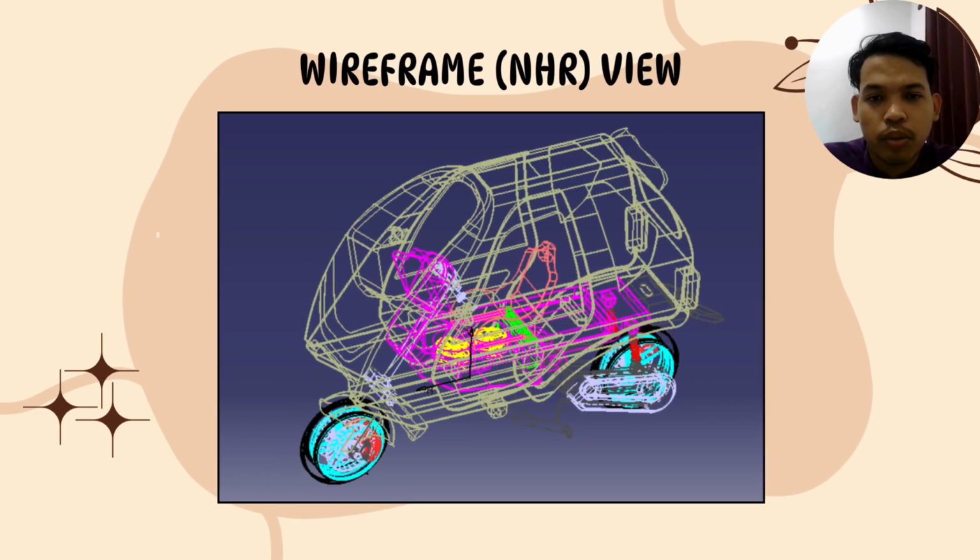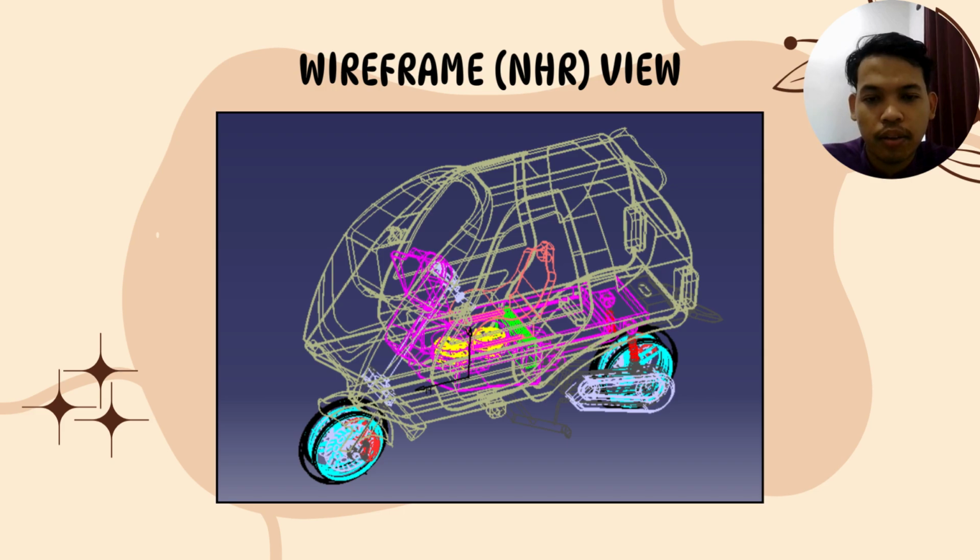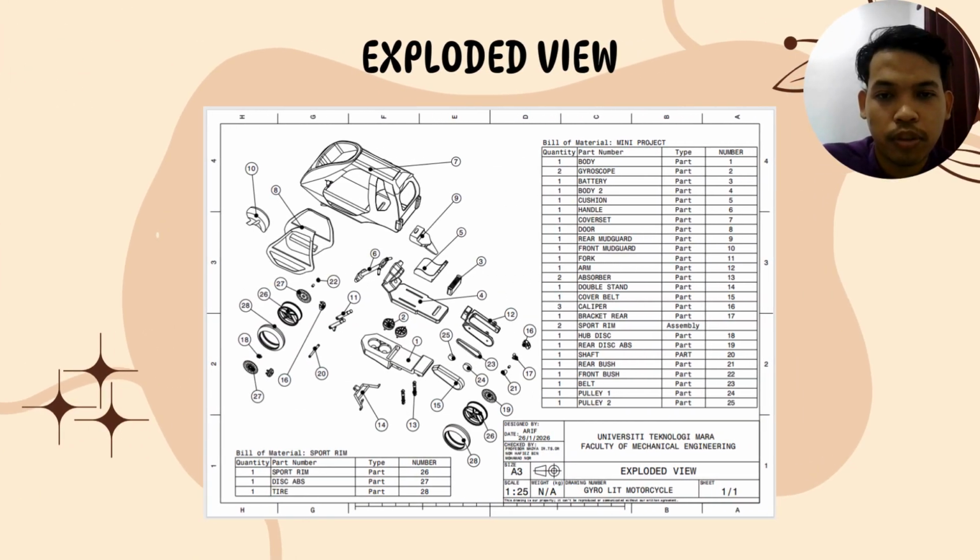The next slide is the wireframe view. In this slide, I would like to show you the area where the gyroscope is located. The gyro is the yellow color at the middle point on the motorcycle. Lastly is the exploded view.